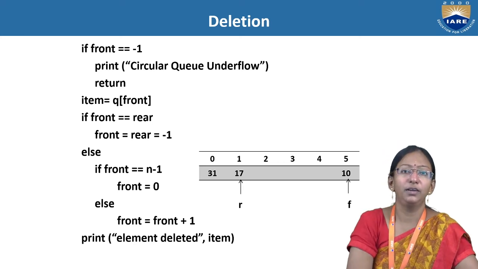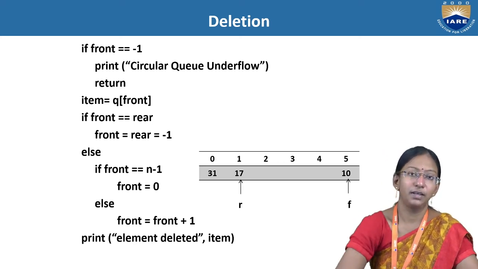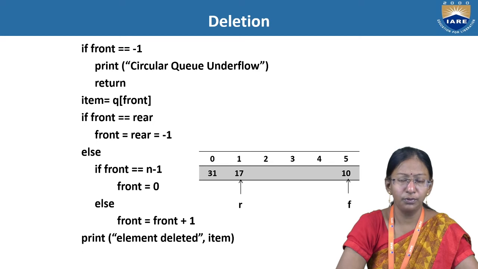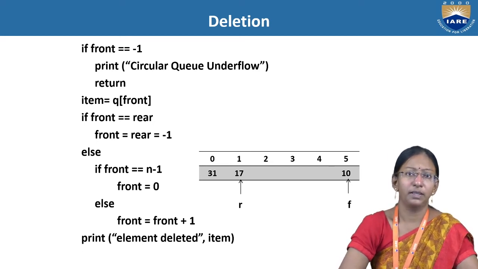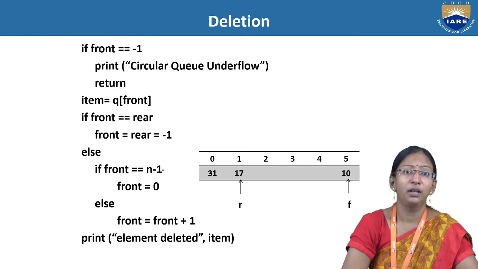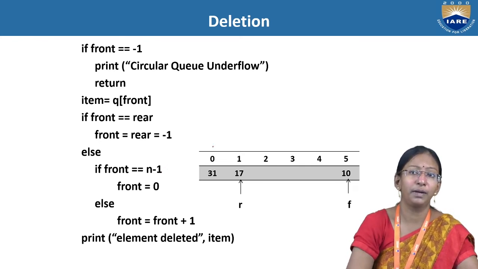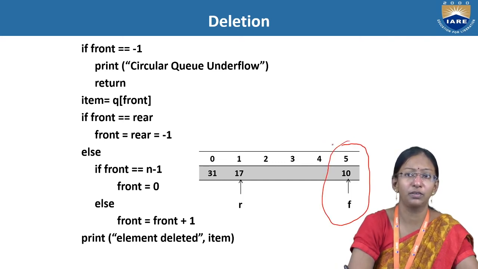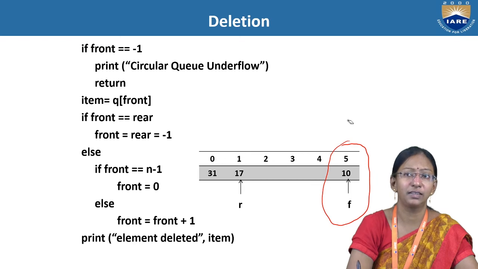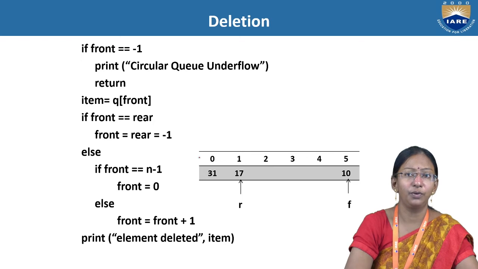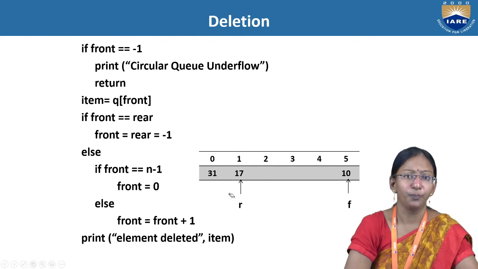This is a normal case where, if your front is pointing to n-1, look at the picture, that is the highest indexed value. At that time, when you remove that element, your front will again come to 0 and point like this. Right? So make front equal to 0.